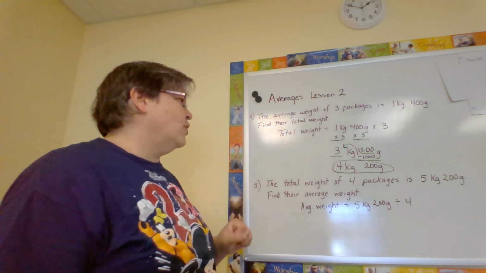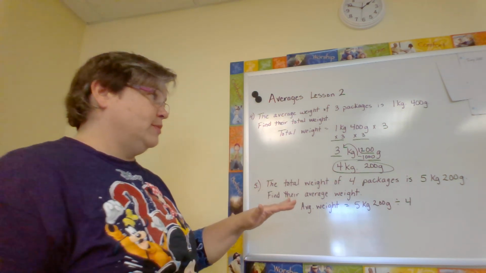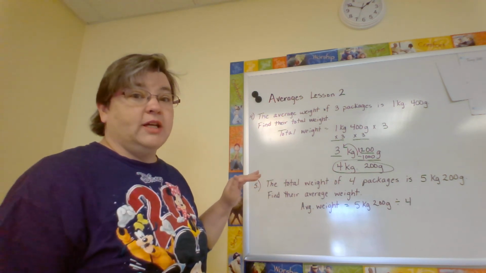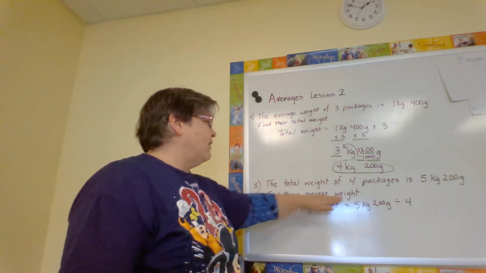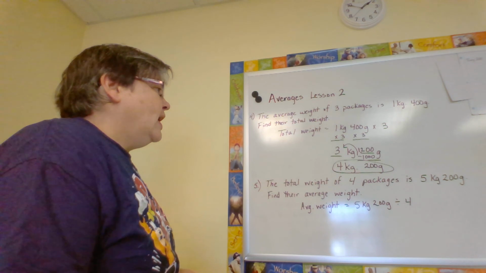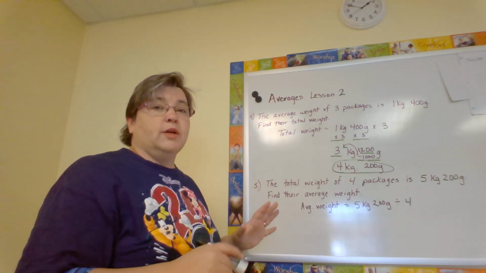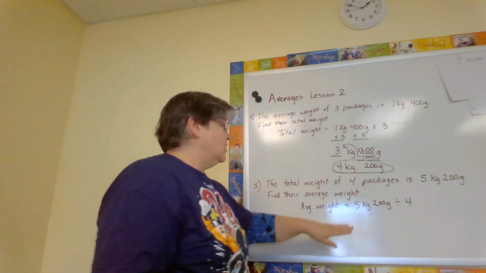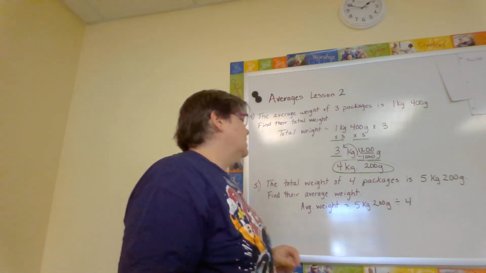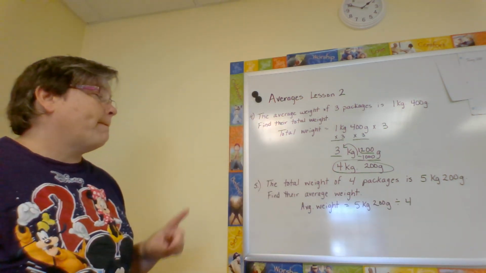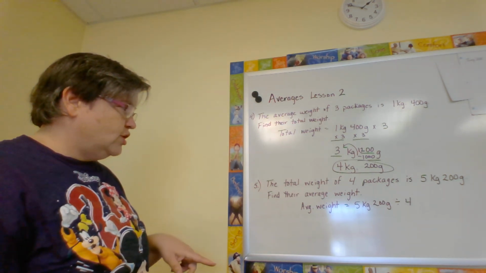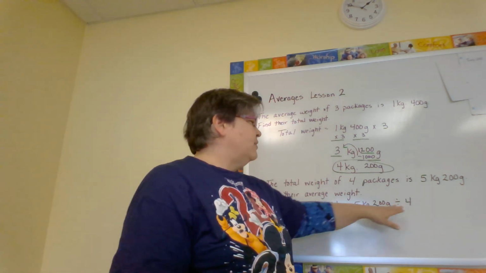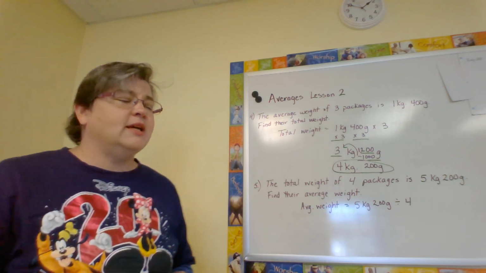The total weight of 4 packages is 5 kilograms, 200 grams, totally heavy. Find their average weight. So now we're given the total. We have to divide by 4 to get our average weight. Now, here's the issue. 5 divided by 4 is not easy to do, right?